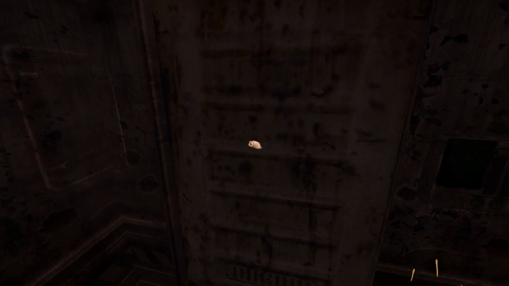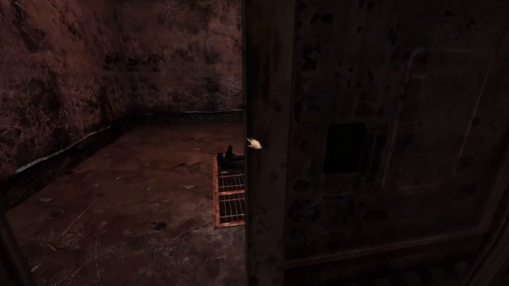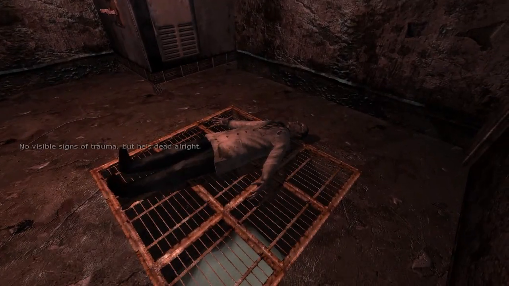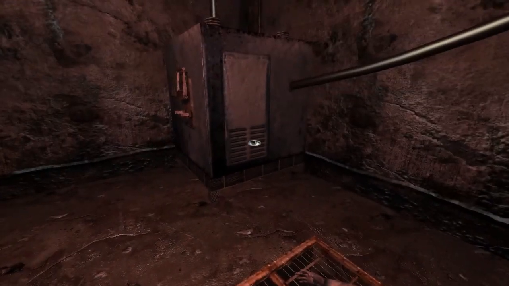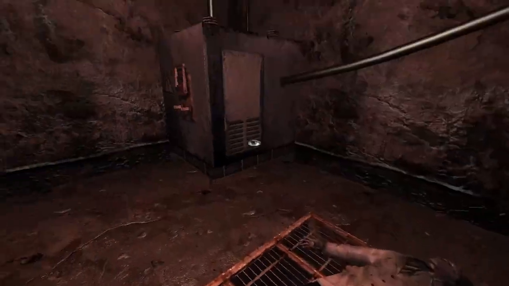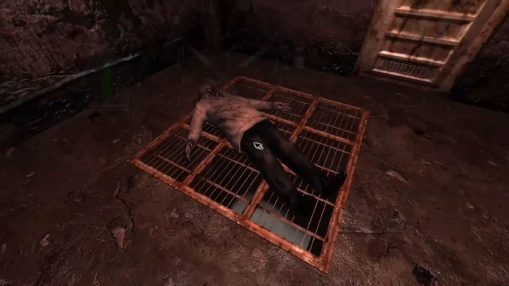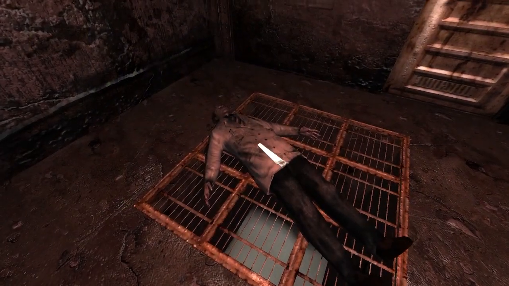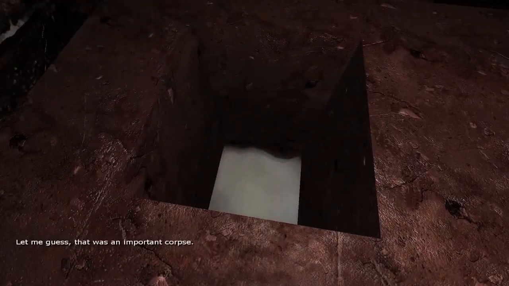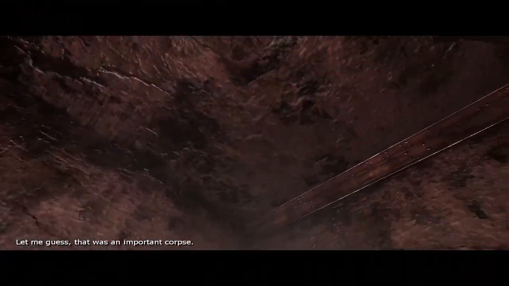Weaken the mounts for the door? Oh. Oh. Great. Probably where we get our hand, isn't it? No! Let me guess. That was an important corpse.